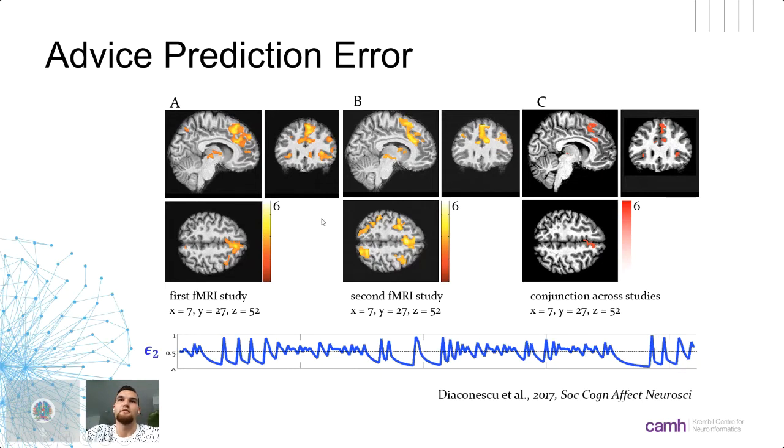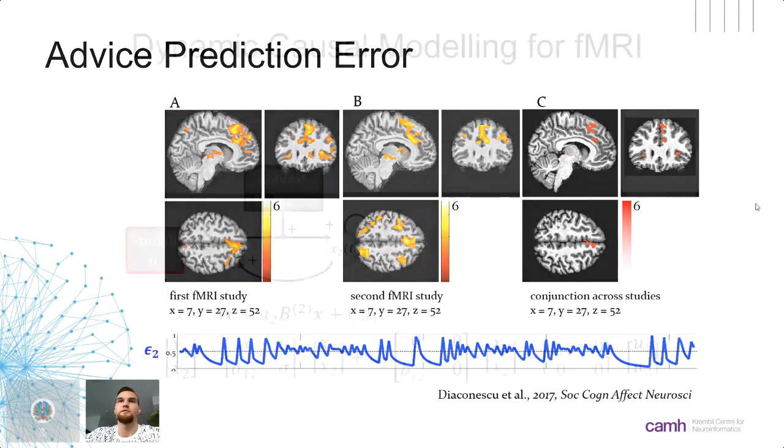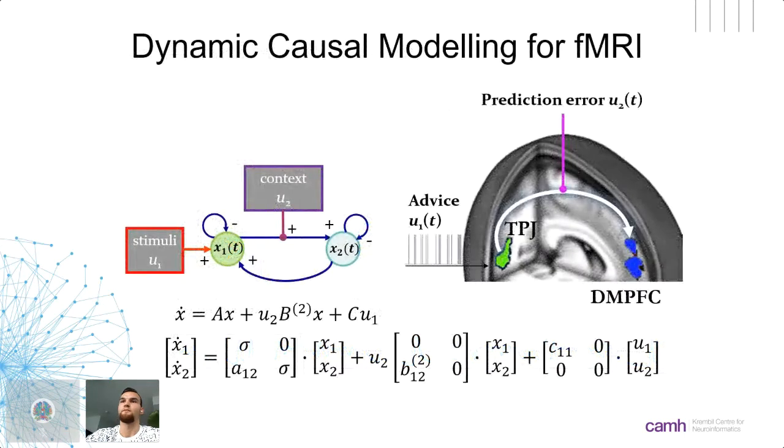Among many regions, we have dorsal medial prefrontal cortex involved in it. Also temporal parietal junction. Here we probably can't see it that well. And these two regions are the ones that we will be focusing on.